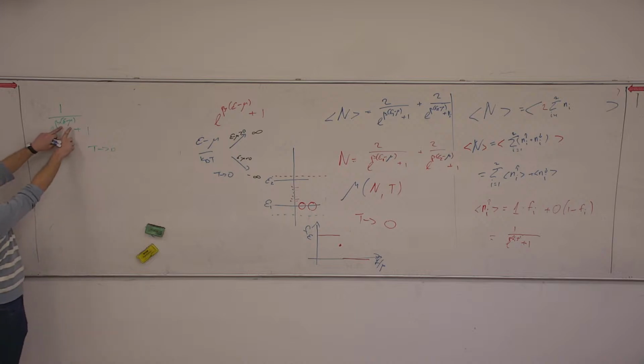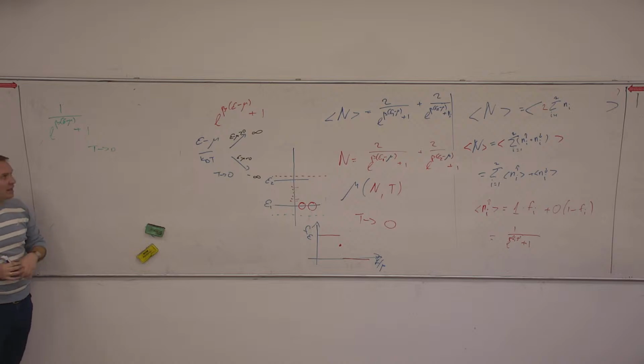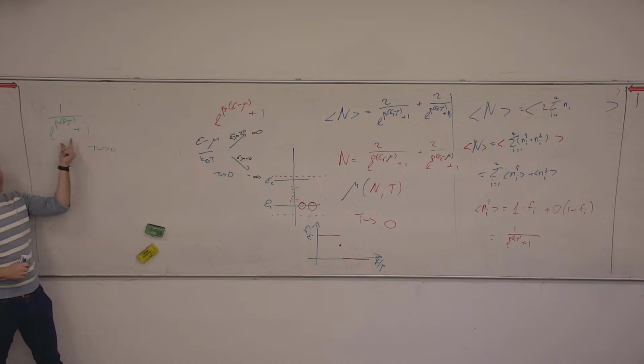When epsilon minus mu is smaller than 0, all of this is going to minus infinity, so e to the power of minus infinity is 0. So I have a big term and a small term.